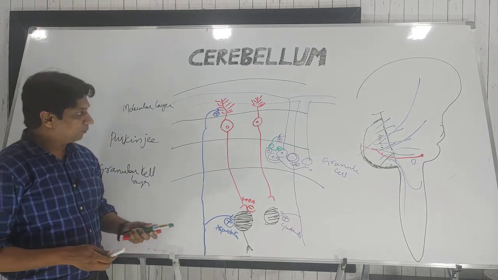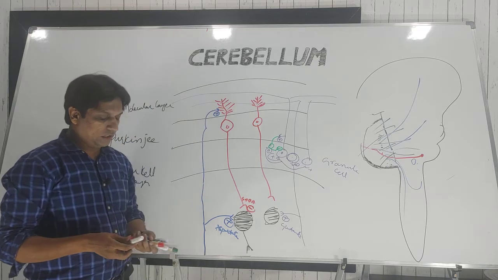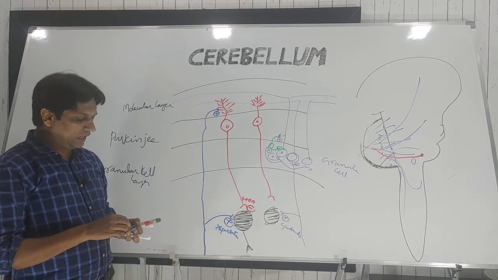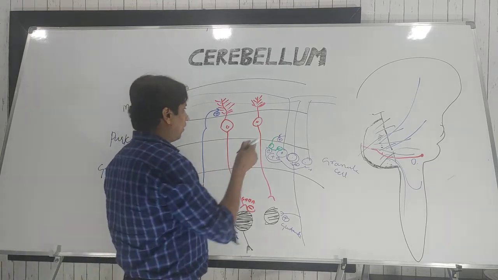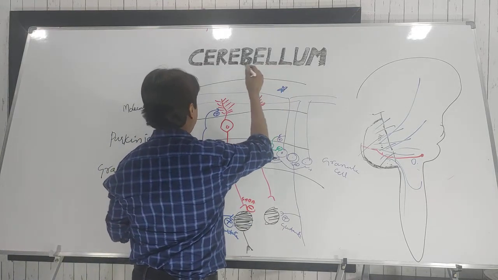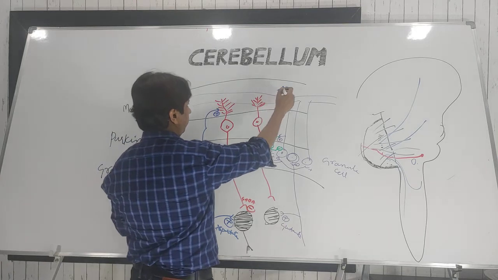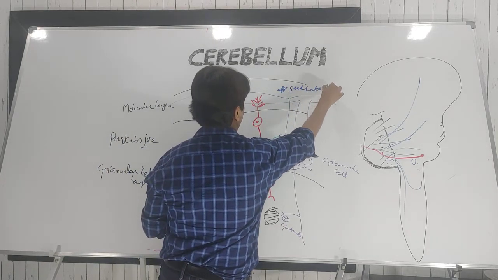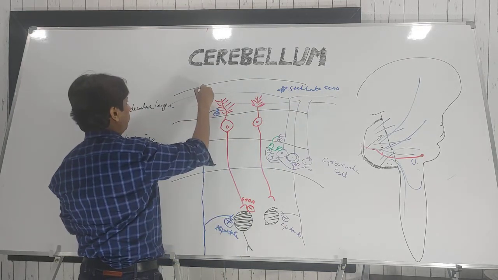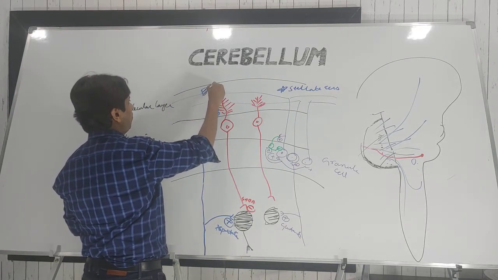Now come to the molecular layer. In this molecular layer, again there are two types of cells present, known as stellate cells and basket cells. Stellate cells are so called because they are star shaped.